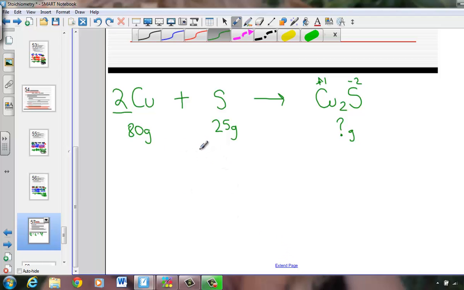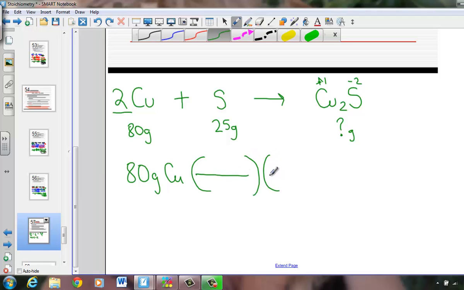So here we have the same idea. Two separate information pieces are given to us, but the same quantity over here. So we have two separate journeys. Once we do two separate mass-mass problems, we're just going to find the smaller of our two answers. So for instance, if the 80 grams of copper limits the equation, it would give us the maximum yield. To move all the way from the left to the right, I know it's a three-step stoichiometry journey.